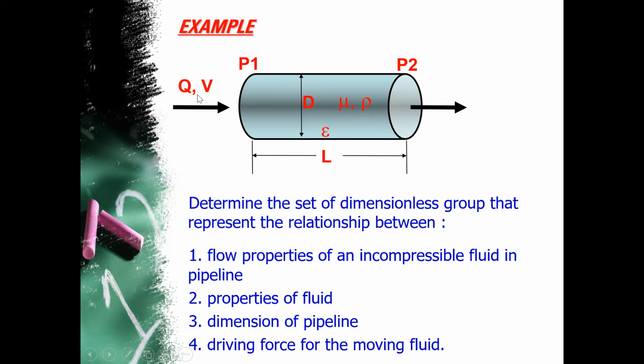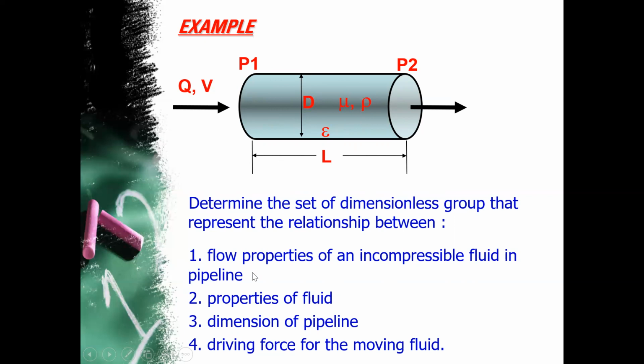How many do we actually have? 1, 2, 3, 4, 5, 6, 7, 8. We have 8. So obviously we don't use Rayleigh's method for this because it's very complicated. It's not possible to do this because the number of variables is too big.